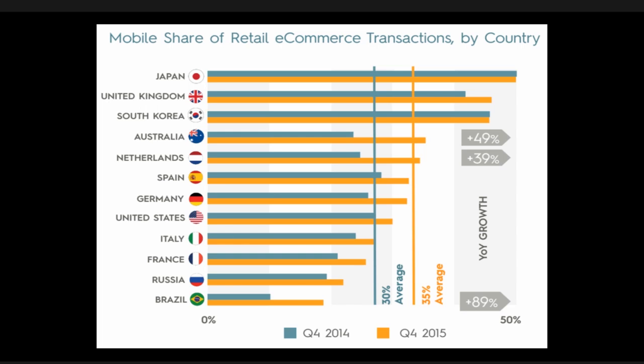And if we compare Q4 2014 to Q4 2015, we basically doubled the number of countries reaching 35% of e-commerce transactions. What does it mean? This tells us very clearly that if you do not have a very mobile approach from the very beginning in 2016, you are basically risking losing an important market share, especially in these countries.